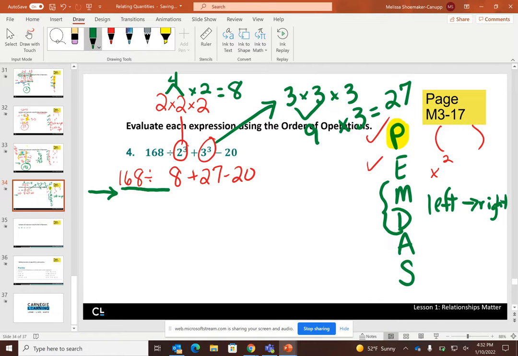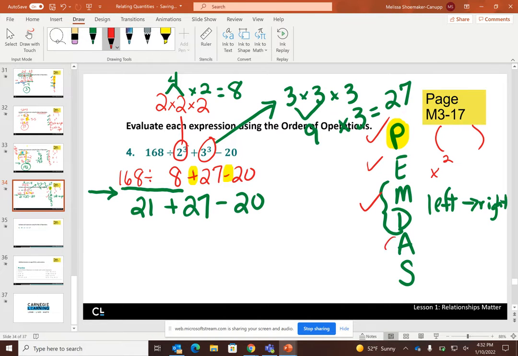I see 168 divided by 8, so that's the first math I'm going to do. Okay, I'm not worried about addition, so I'm just going to copy it down. I'm not worried about subtraction yet, so I'm just going to copy it down. Checking that off my list.